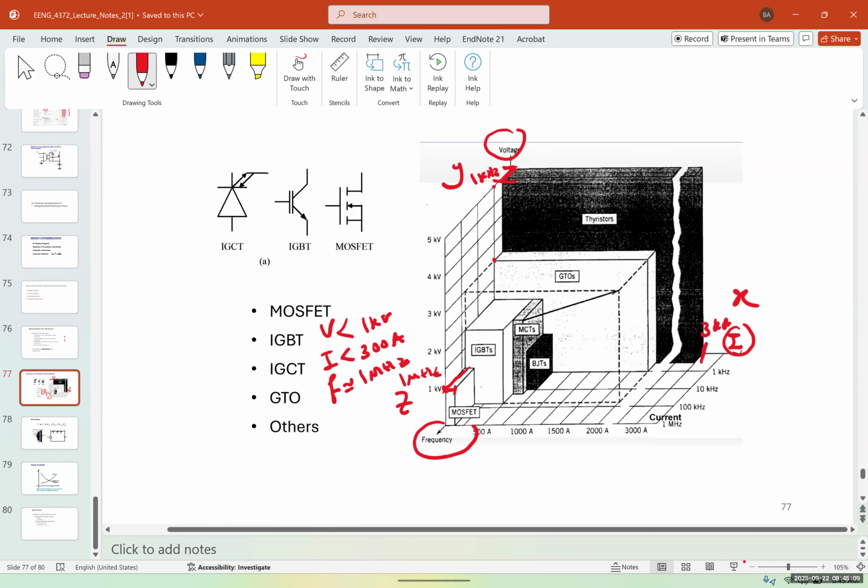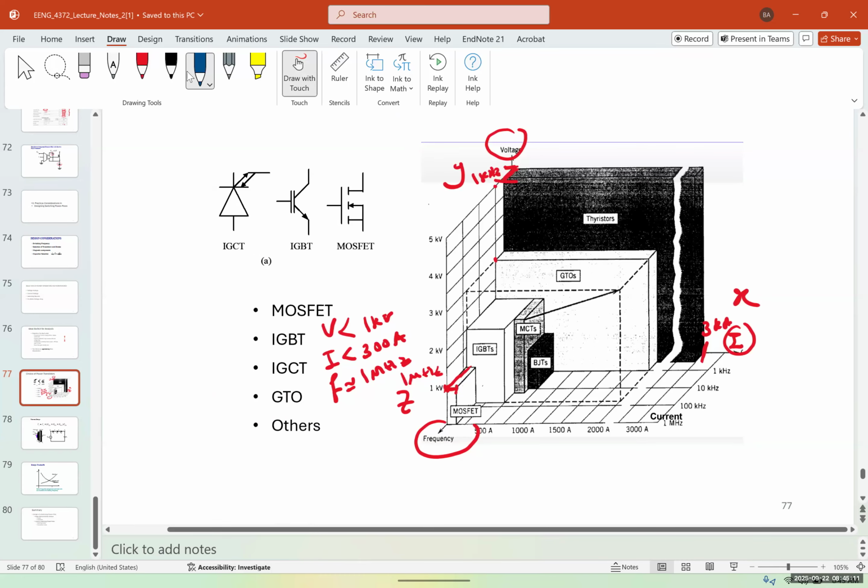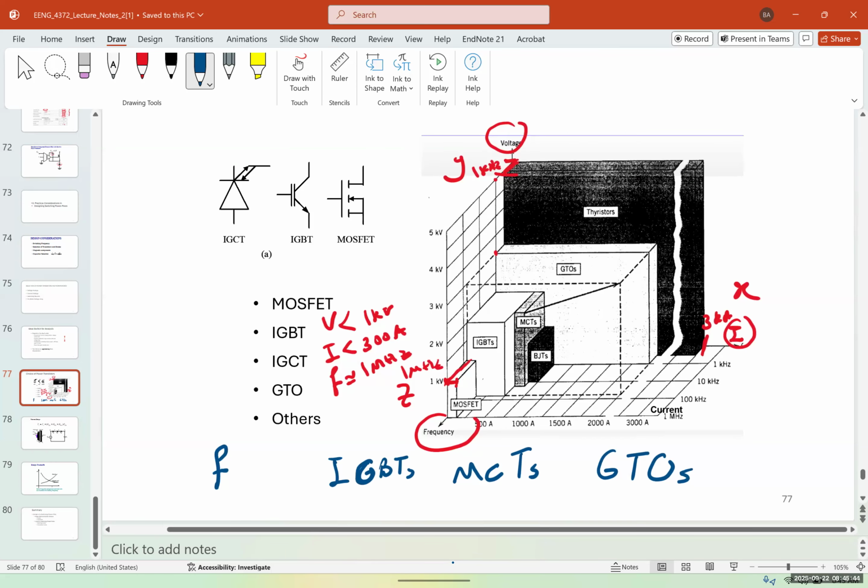So, question, which of the following has the highest frequency? The IGBTs, MCTs, GTO. So first I want you to tell me which one has the highest frequency and which one has the highest voltage.